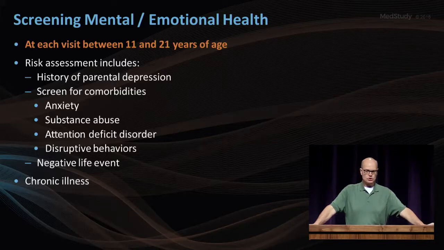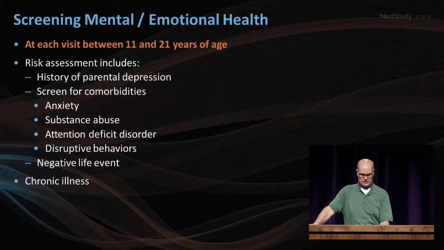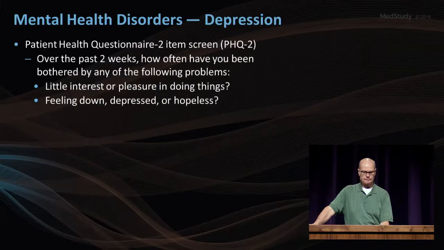As a reminder, be sure to screen for emotional and mental health every year between 11 and 21, like we've talked about before. Screening includes not only the child, but his or her parents or guardians, and a careful screen for the various comorbidities that are listed here.